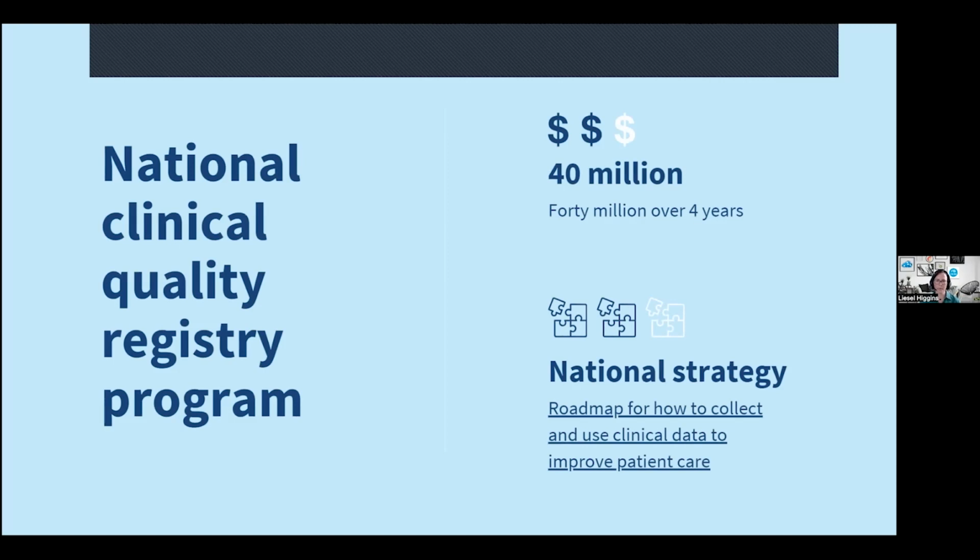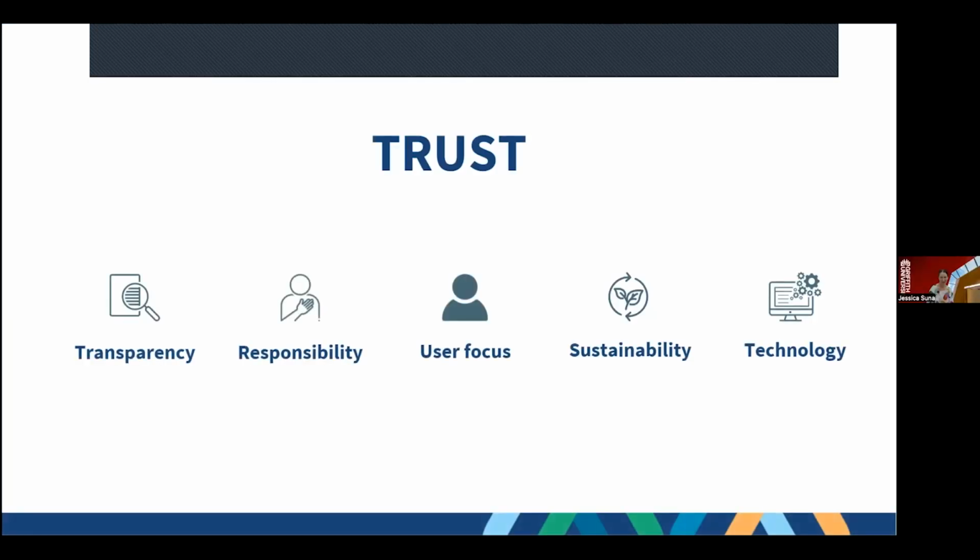By promoting collaboration and standardisation in data collection and reporting, the NCQRP contributes to advancing healthcare quality, safety and effectiveness nationwide. The government has invested $40 million over 4 years into this initiative, with one early output being the National Strategy Roadmap. We've linked those resources for you here on the slide, for those of you interested in doing research involving clinical quality registries. Next slide, please, Sarah. Yeah, they're a great source of research data for you.